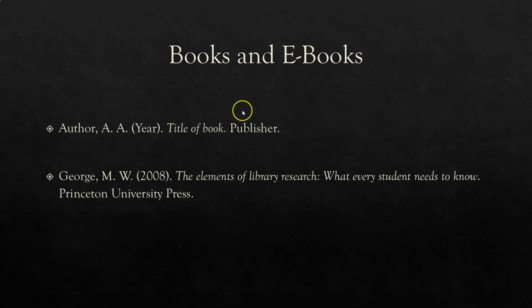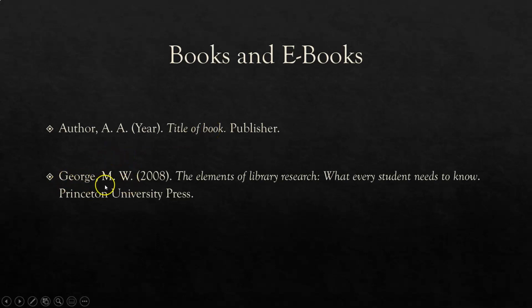But if it's just a regular title, it's just the title of the book in italics, lowercase on all the other letters, followed by a period, and then the name of the publisher of that book. You may get different details as you're looking up your reference for the book that you're using, but the only things that you include are these items. If you include any extra information, APA would consider that to be an error. Only these items that you see on the screen are ones that you need to include.